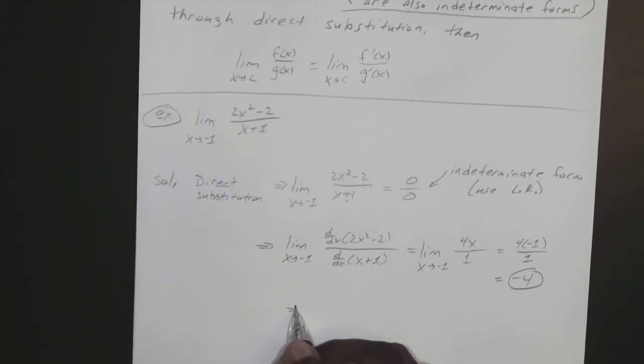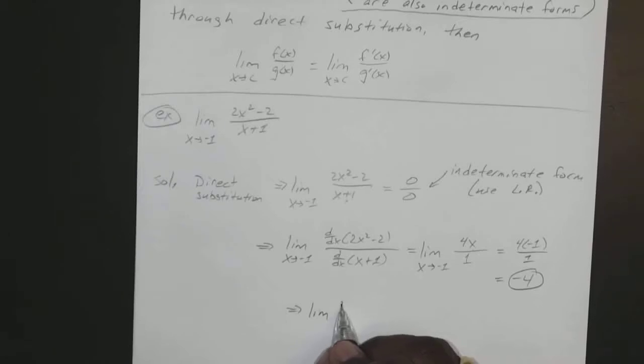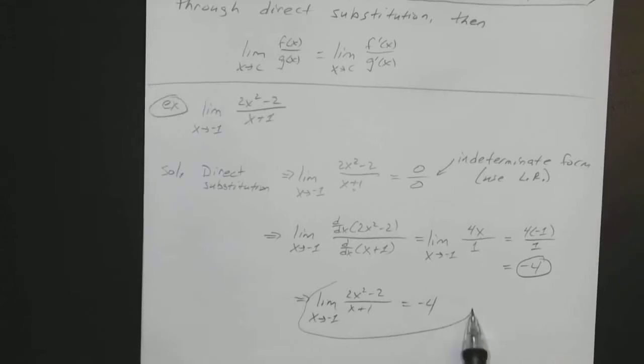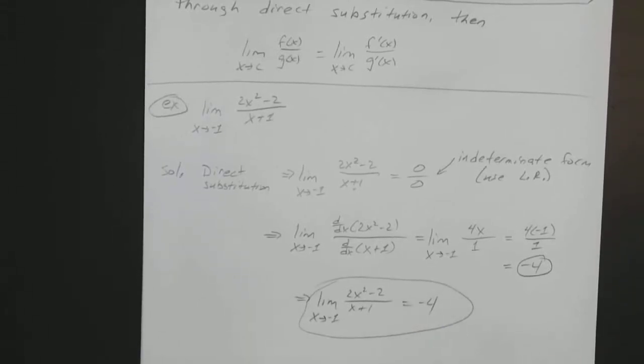So we know that the limit of 2x squared minus 2 over x plus 1 as x approaches negative 1 is equal to negative 4. All right, so any questions on that one?